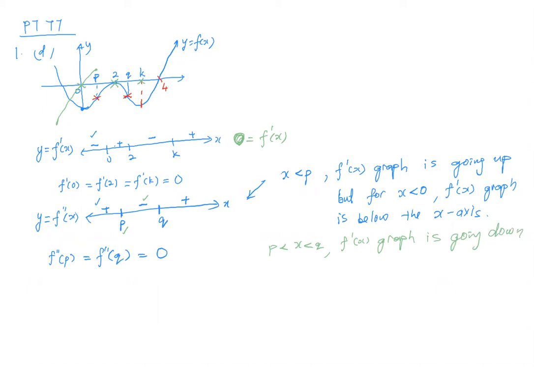Because f double prime x is negative. So it goes down, pass through this point. Okay, then this is an inflection point. So you have to turn at Q, x equal to Q. So you go like that, turn at x equal to Q. Then it goes up again. So this will be your y equal to f prime x. So this fx is quadratic.